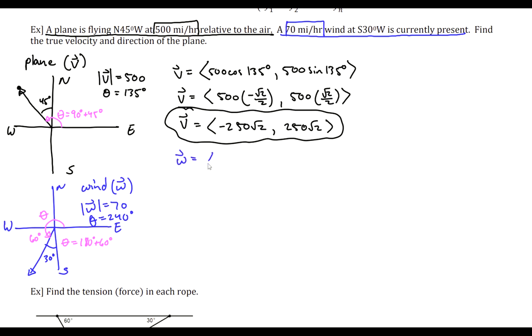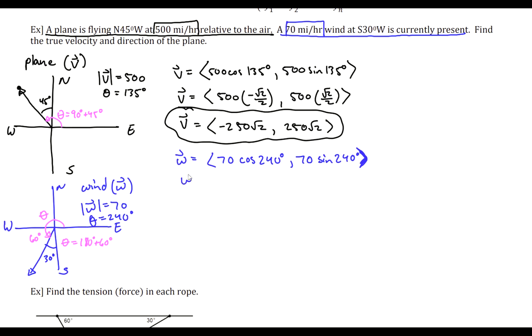So our wind in component form is the magnitude times cosine of the angle, comma, magnitude times sine of the angle, so sine of 240. The pointy parenthesis is component form.